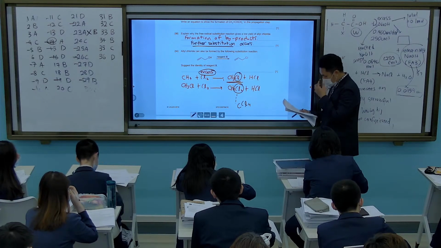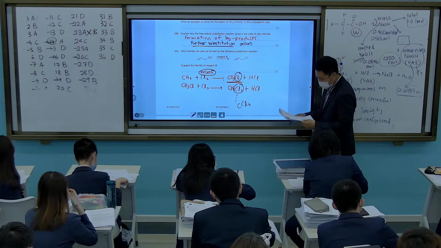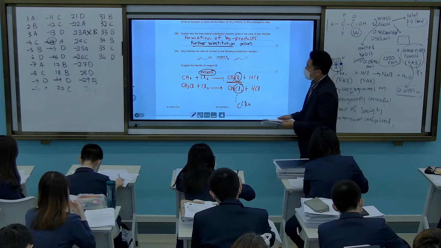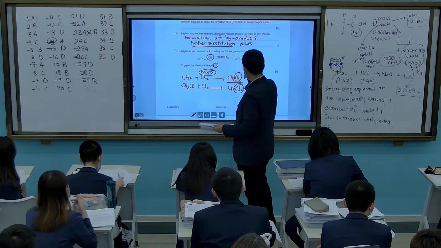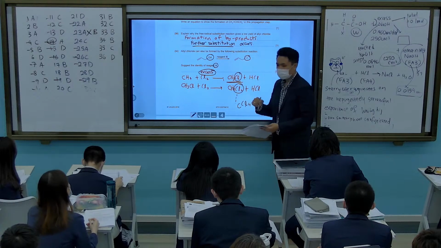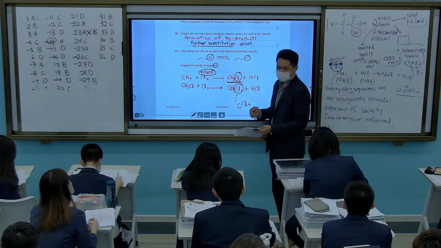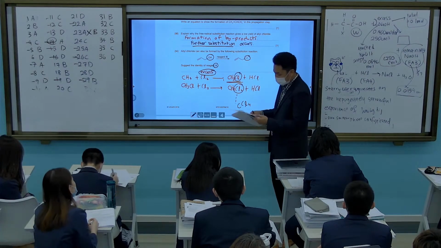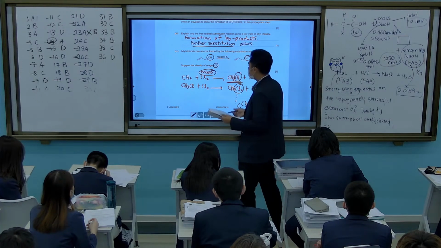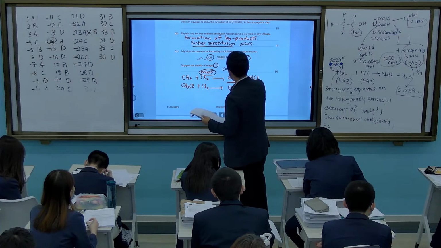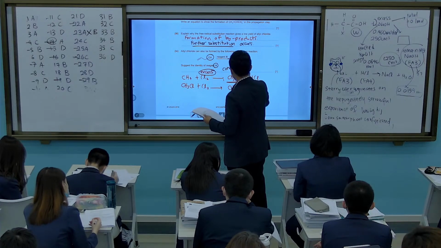Now, next one here for part 4. Suggest the identity of a reagent X. So this OH changed to a Cl, right? So, sorry, HCl can, but you need to say concentrated HCl.